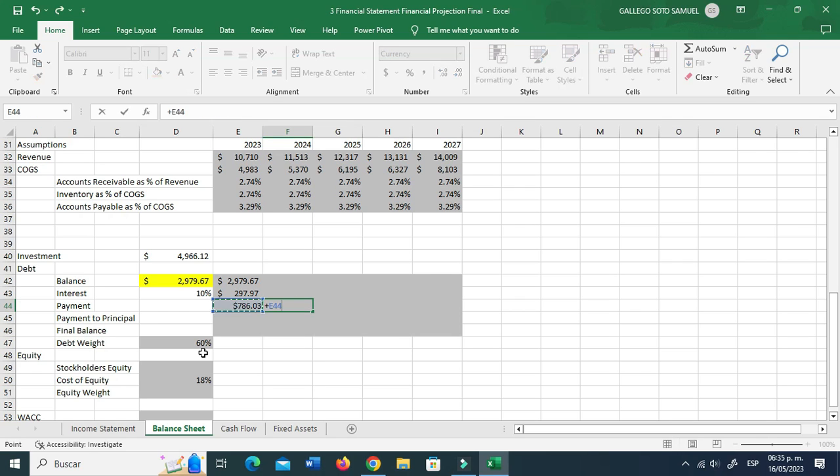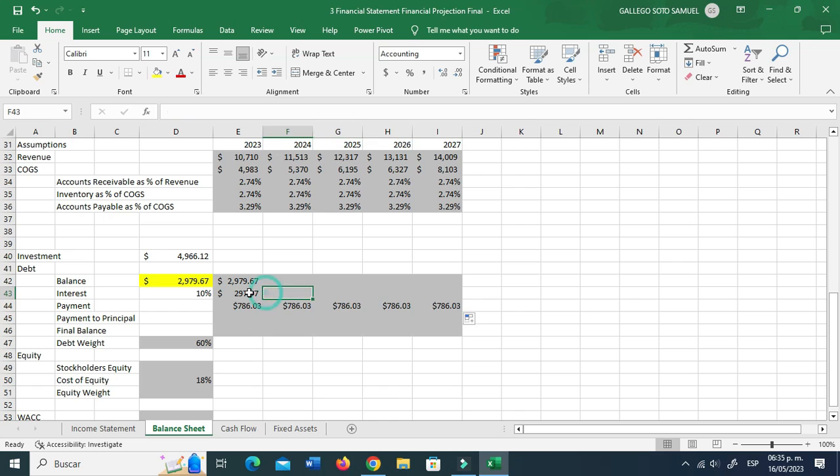Okay, and then we're gonna be linking this to the very end here. All right, and then we're gonna be dragging this over here, and the payment to principal, that's gonna be your payment minus your interest expense.